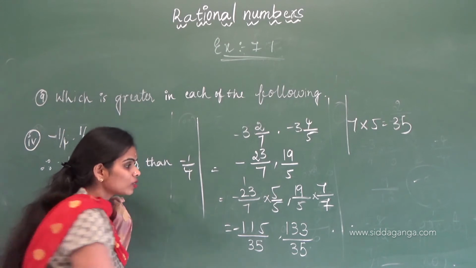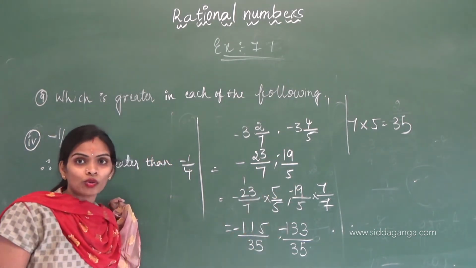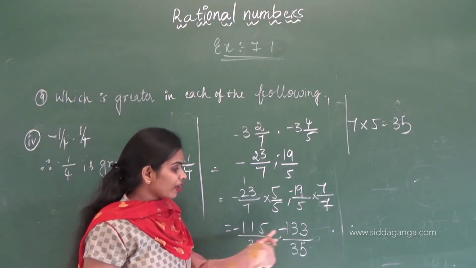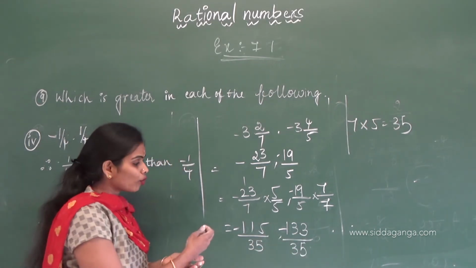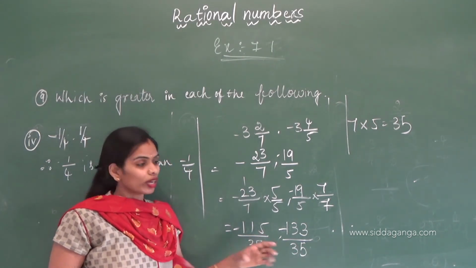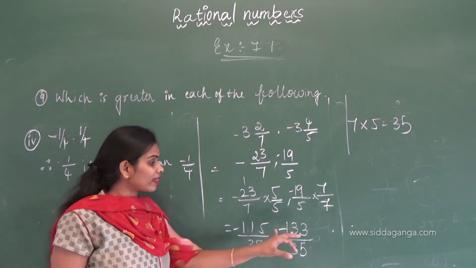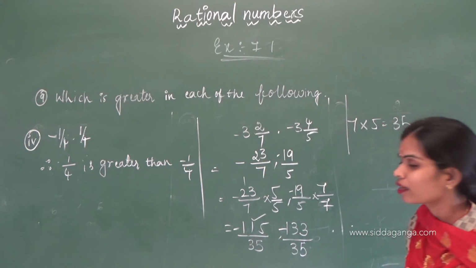See here, these two are not equal. Correct? This is 115 and this is 133. If you want to compare, this one is greater than this one because it is having the lower value. Neglect the denominator. This is having a smaller number than this one. That's why this one is greater.